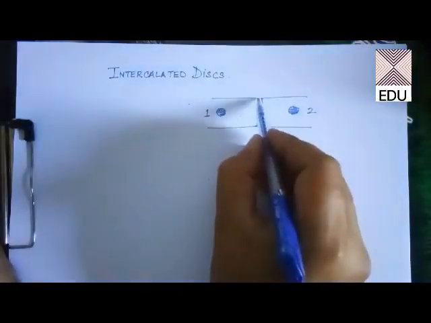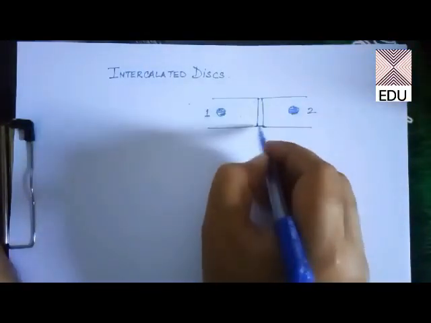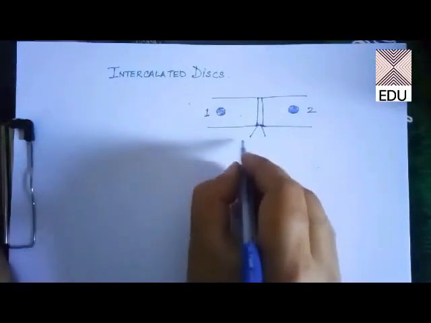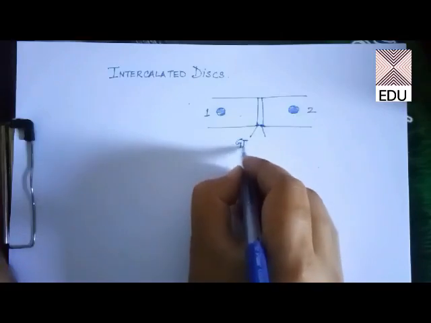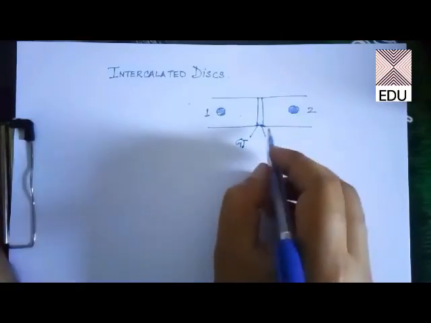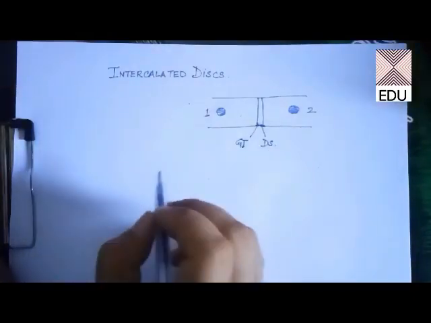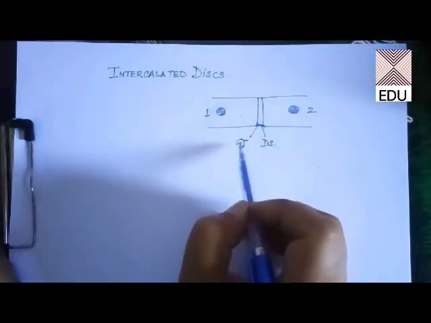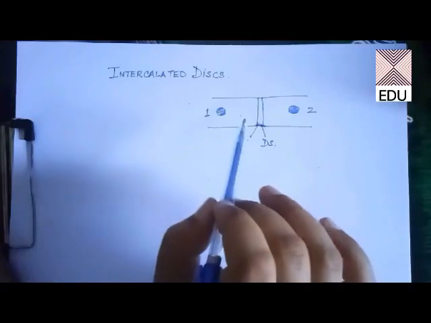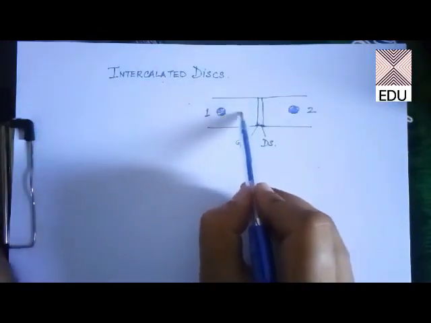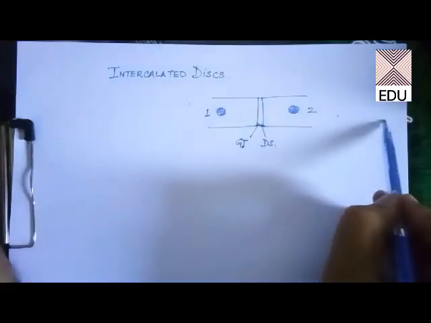This intercalated disc has two things. First are the gap junctions, second is desmosomes. The first thing should be clear: intercalated discs are joining cells with each other.